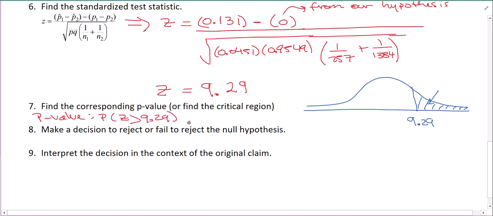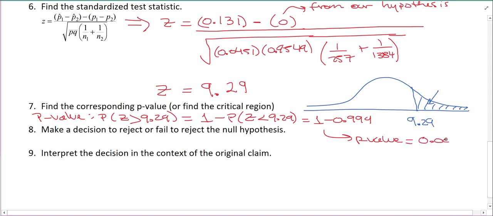Because the table gives me the area to the left, I have to say this is 1 minus the probability that z is less than 9.29, which I found to be 0.999. So my p-value ends up being 0.0001.